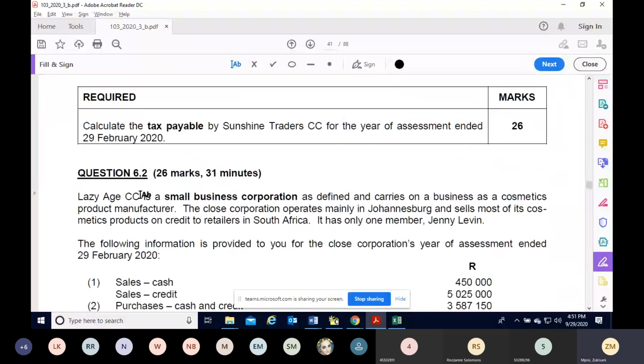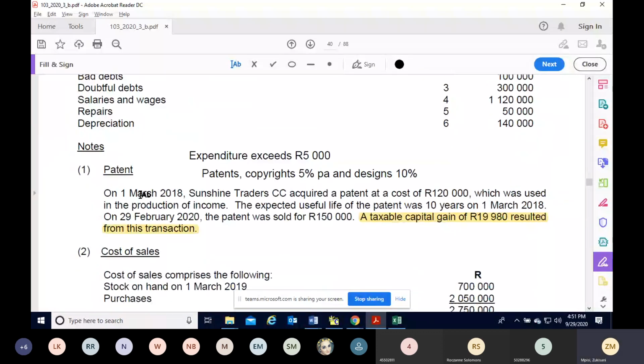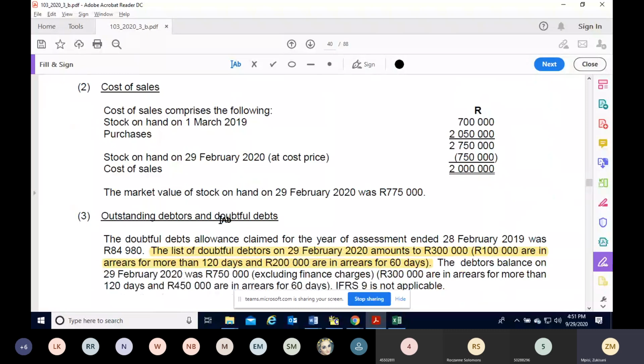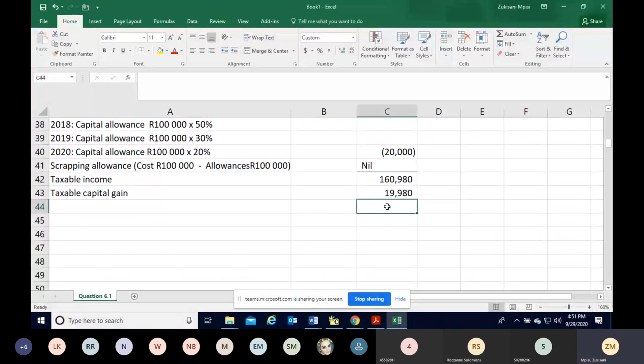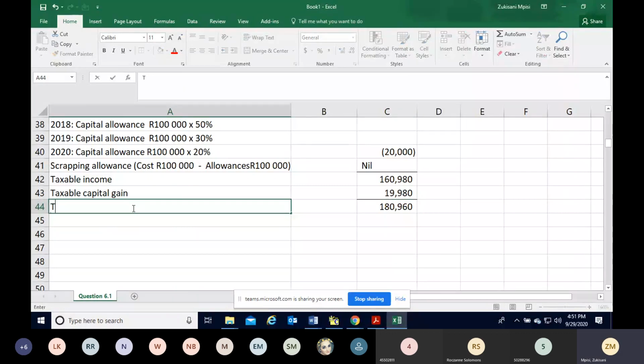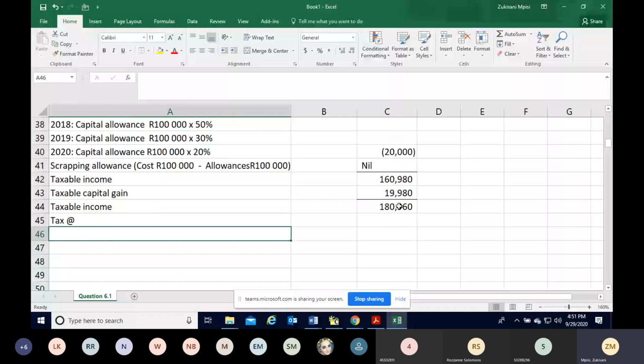If you don't remember it, it's under cost and patent, taxable capital gain of 19,980. So we are asked to calculate tax payable. This becomes 180,960. So this is your taxable income, and this is your tax at. So please calculate for me how much will be the tax.